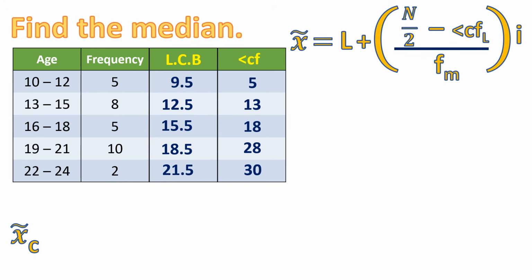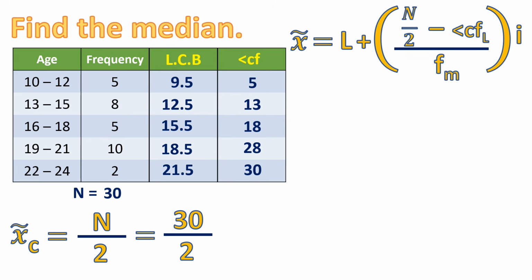We will write it this way: the median with a subscript C, indicating that it is the median class. It is equal to half of the total frequency. The total frequency, or N, is what we get when we add it all, which in the previous slide is 30. Half of 30 is equal to 15.